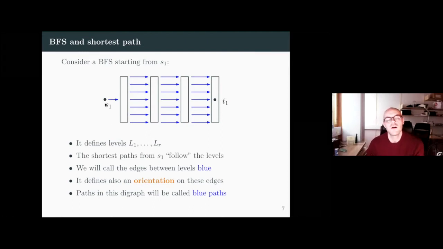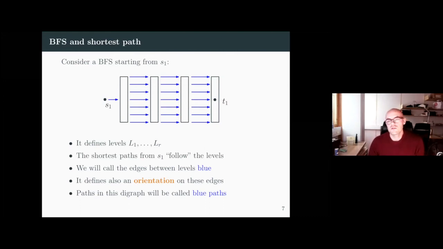You're looking for a directed path in this blue graph. From now on, what we will call a blue path will be a directed path in this graph. So you do a BFS from s1, and it defines a partition of the vertices into levels, and it defines an orientation of the edges between them. And you have a directed graph, and you want to find a path in this directed graph.